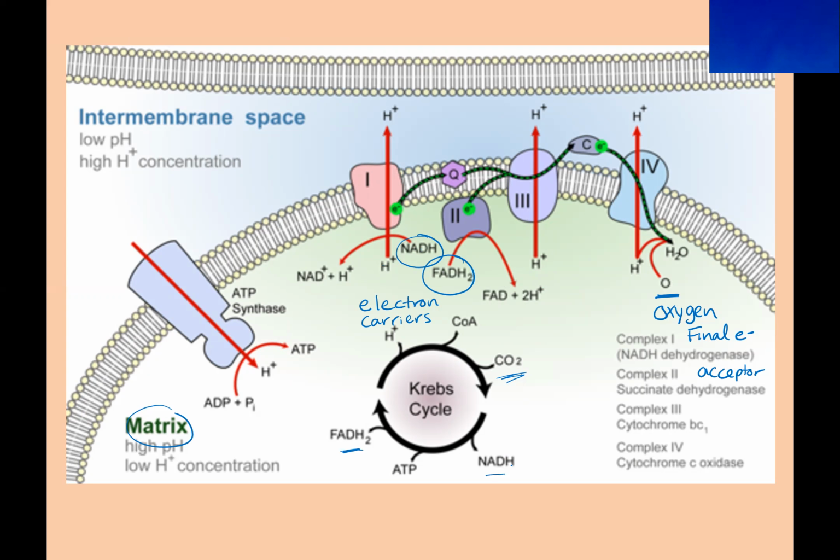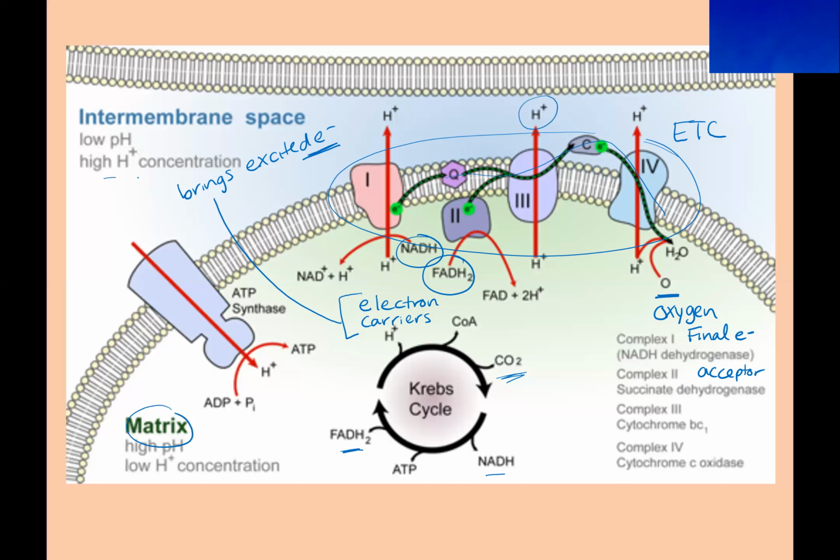And these electron carriers are what's so important to bringing the excited electrons, and when I say excited electrons, I mean electrons with energy. And it brings them to this whole thing. This is your electron transport chain, your ETC. And so as those excited electrons move, they release energy and they make this hydrogen ion gradient.